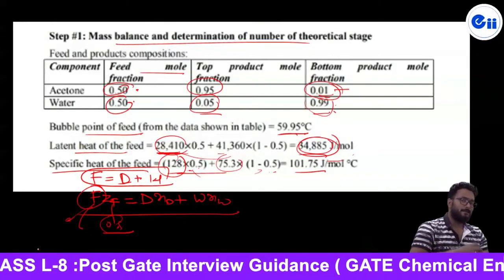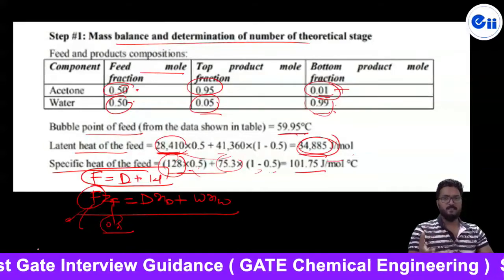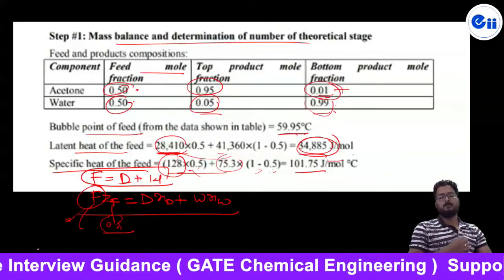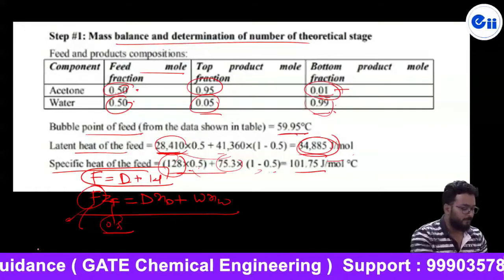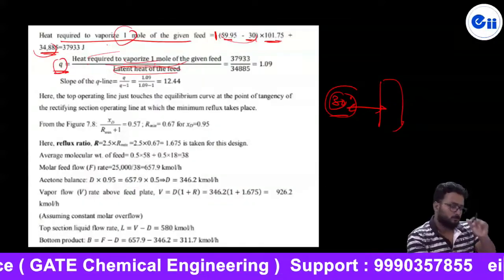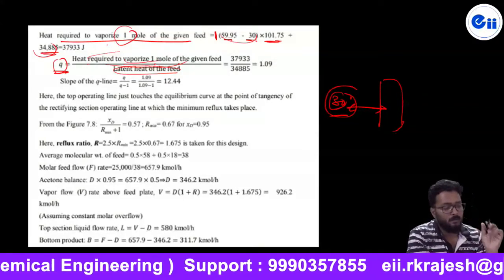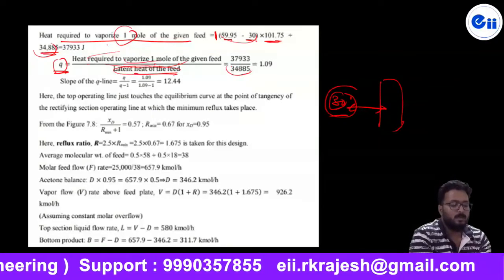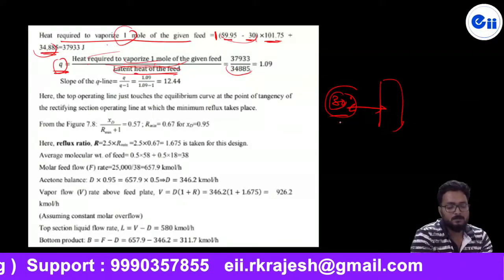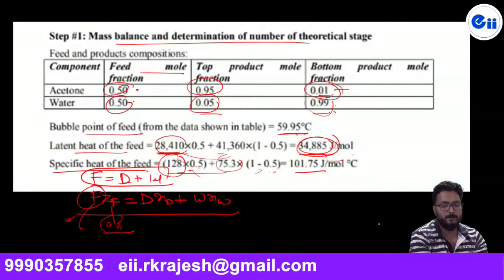So latent heat plus sensible heat both are required to convert the feed at a given temperature into vapor phase. And the latent heat of feed is obviously given here. Latent heat of the feed means just like here, it is 34885.